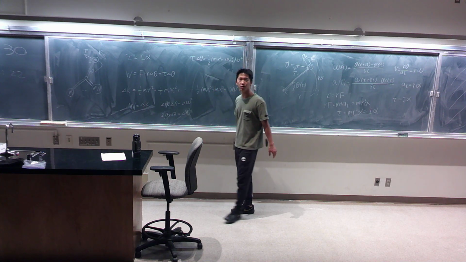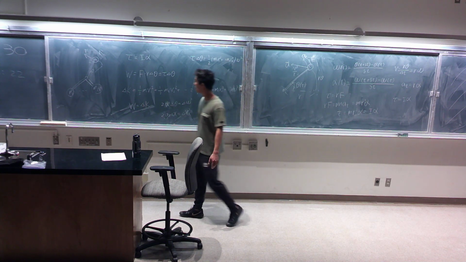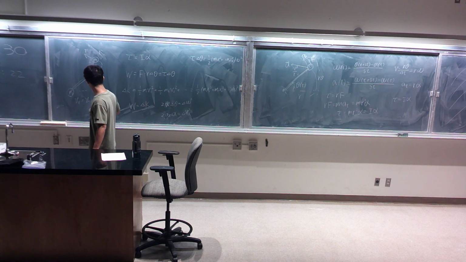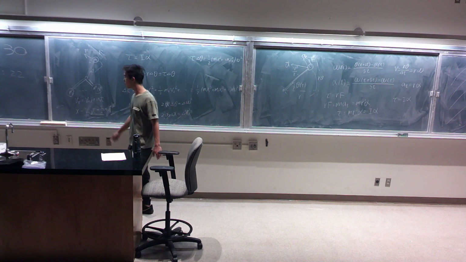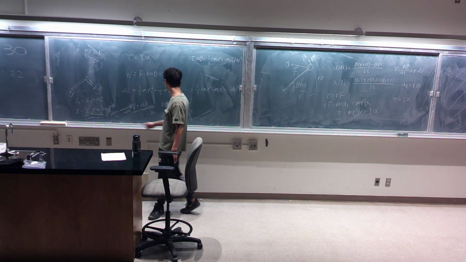Or you may need to know how to derive it. You derive it by the equations for constant acceleration. The position will change like this, and velocity changes like that.